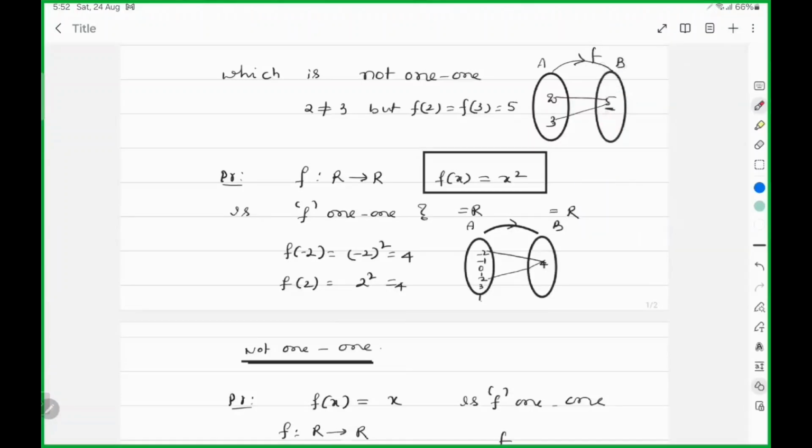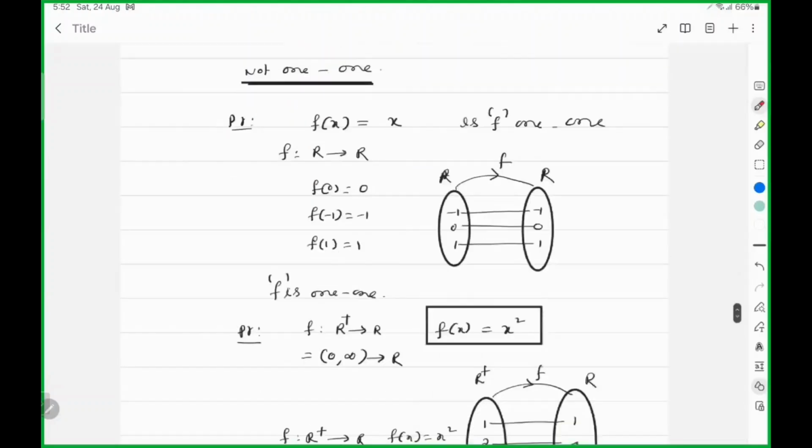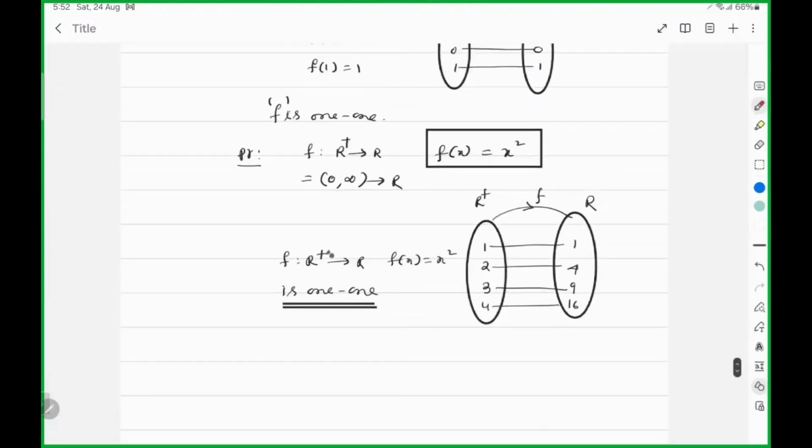The difference is that here the domain is real numbers, and here the domain is positive reals. That means by seeing the function alone, I cannot conclude whether it is one-one or not.